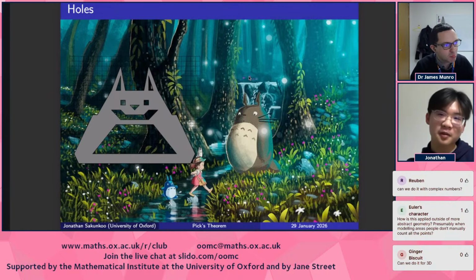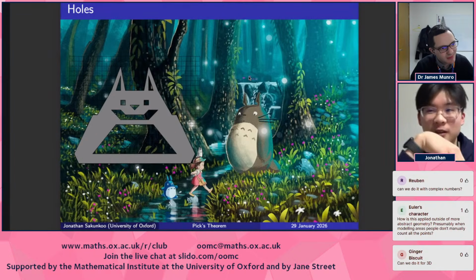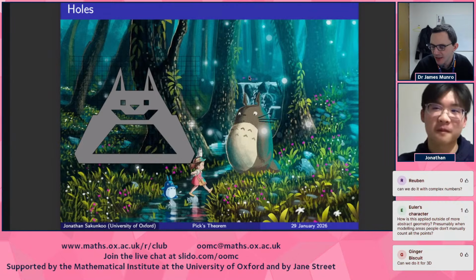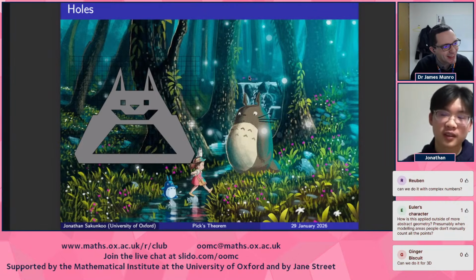So you can have two polyhedra with the same number of interior and boundary points, but they have different volume. So unfortunately, it doesn't generalize that easily into 3 dimensions. There are ways you can do it, but none of them are nearly as nice as I plus B over 2 minus 1. That's a shame because I guess it must be hiding in that primitive lattice triangle fact or something. Yeah, you can't do that sort of thing in 3D.